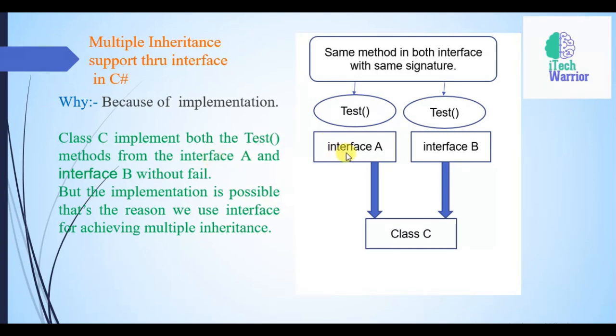In this diagram, interface A and interface B are inherited by class C, and both interfaces have a method Test with the same name and same signature. Class C implements both Test methods from interface A and interface B without fail.